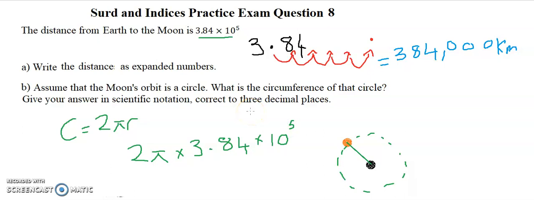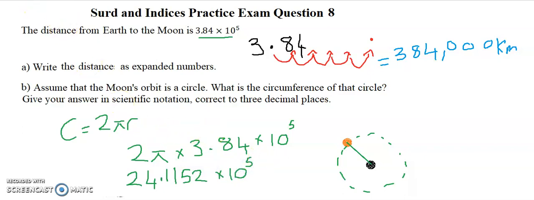So the first thing I think about here is I'm going to go 2 times 3.84, which is 7.68. I'm now going to times it by pi, or 3.14. That gives me the answer of 24.1152 times 10 to the power of 5.